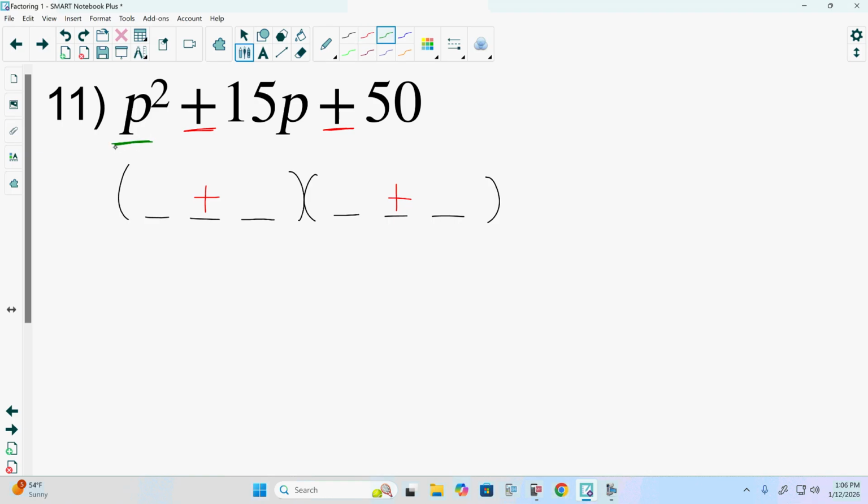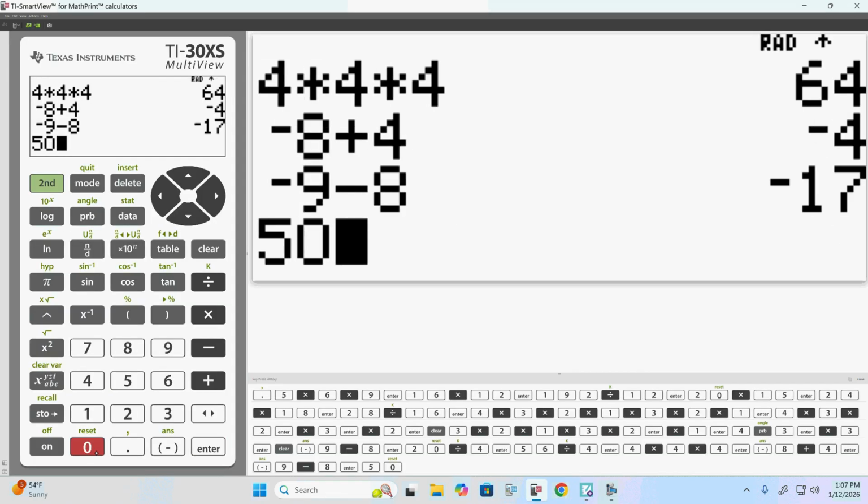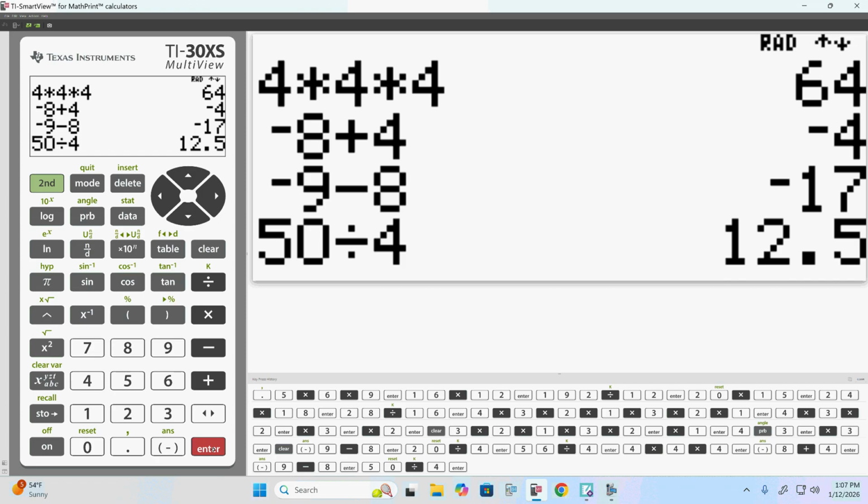Factors of the first and third term. Well, the only factors of p squared are p and p. Factors of 50. 1 and 50. 2 and 25. 3 is not a factor of 50. Neither is 4, because 50 is not divisible by 4.